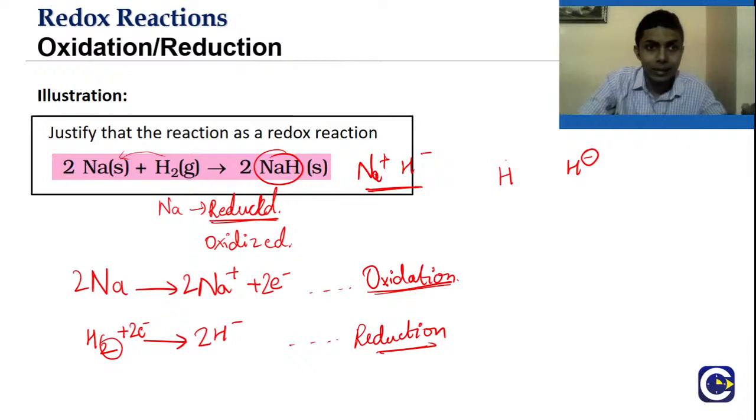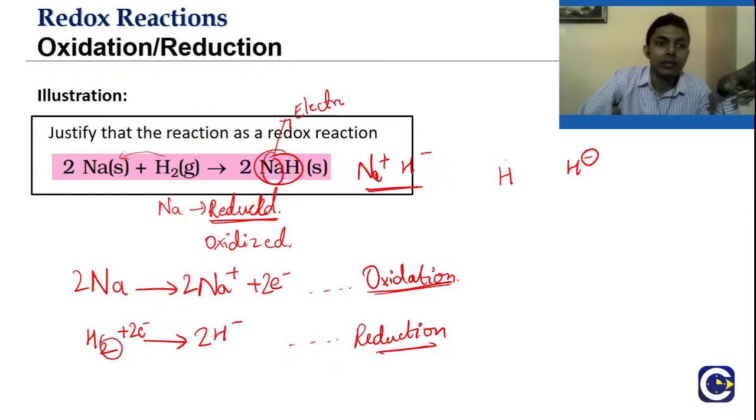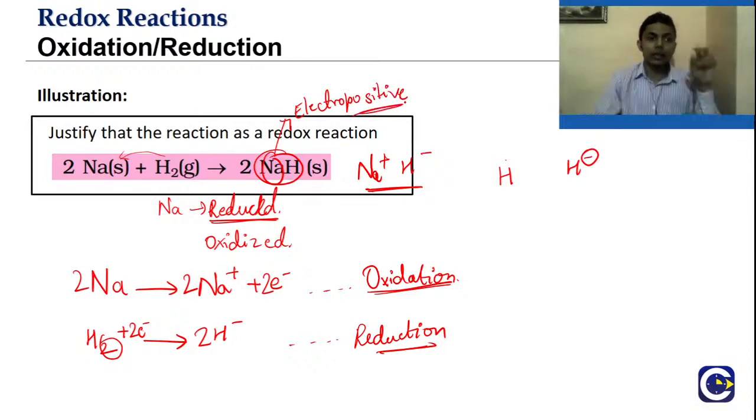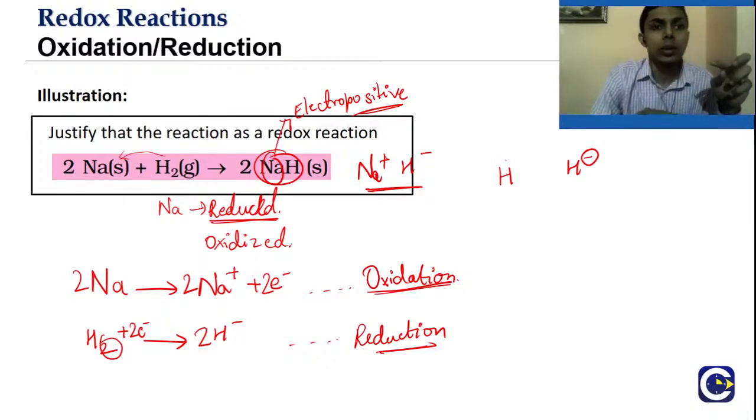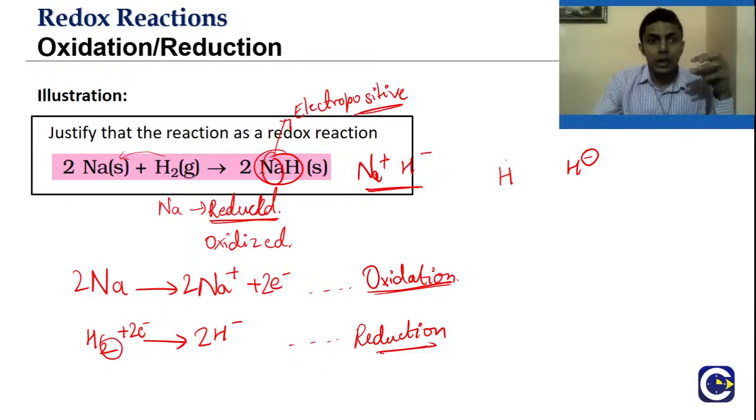In another sense, if you look at the electronegative, electropositive theory, sodium is more electropositive. So even in that theory, if you observe very carefully, hydrogen is electronegative relative to sodium. Right? So if an electronegative element attaches to an electropositive one, it is reduction.